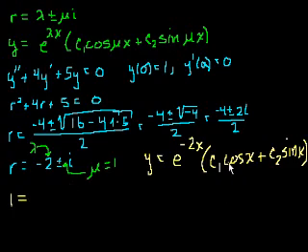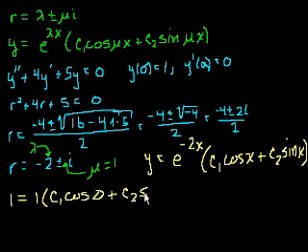So 1 is equal to, let's substitute x is 0 here. So e to the minus 2 times 0, that's just 1. So this whole thing becomes 1, so we could just ignore it. It's just 1 times this thing. So I'll write that down. e to the 0 is 1 times c1 times cosine of 0 plus c2 times sine of 0.